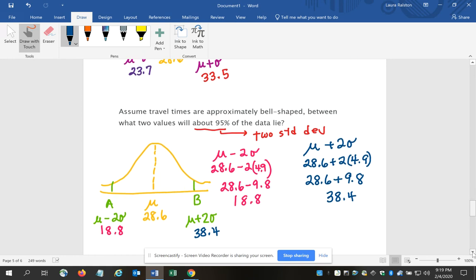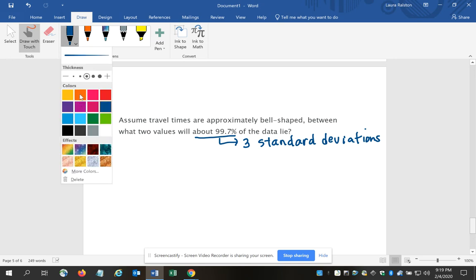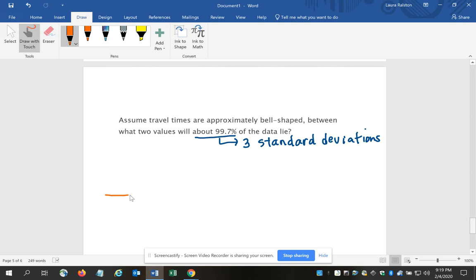And finally, if we look at the last one, same problem, but this time, they still tell us it's approximately bell-shaped. We want to do approximately 99.7%, which is within 3 standard deviations of the mean. Visually, you'll have your bell-shaped curve with your mean in the middle, which is 28.6.